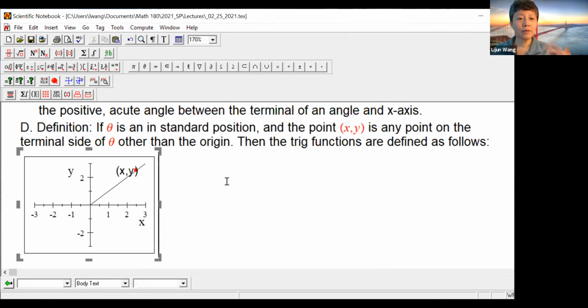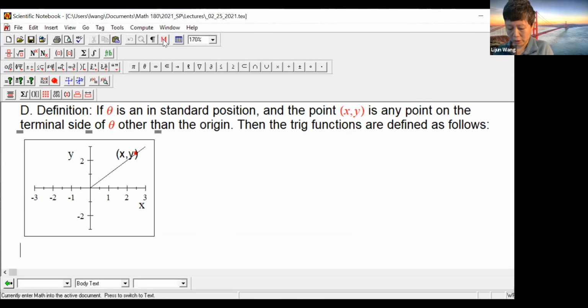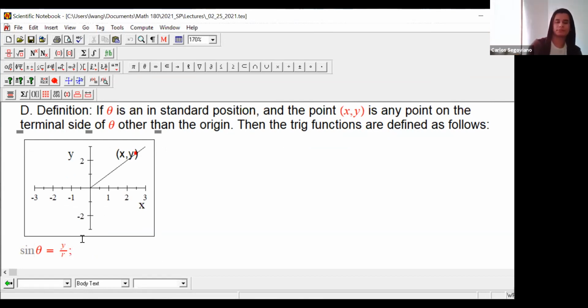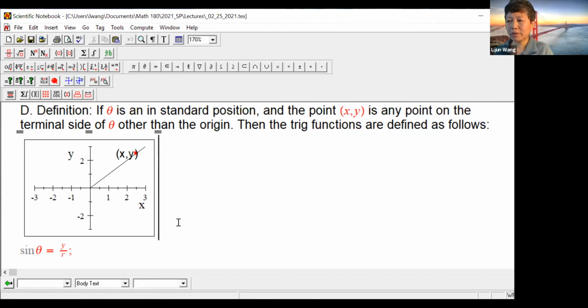Okay, so now you see the series definitions, right? So sine. What have we learned here? Sine of theta is what? What is sine of theta? The y over what? R, right? And what do we say about the R?